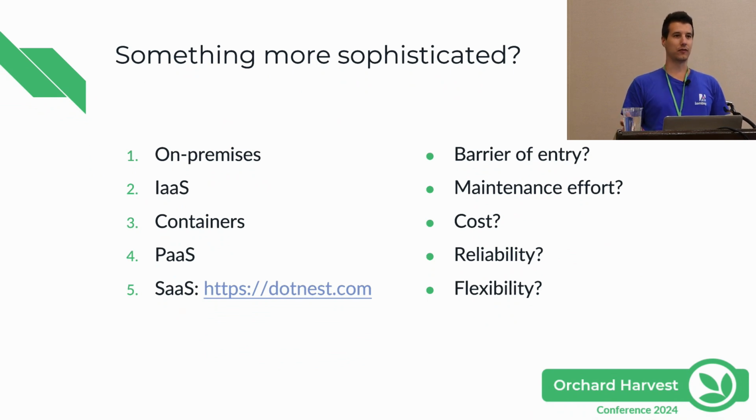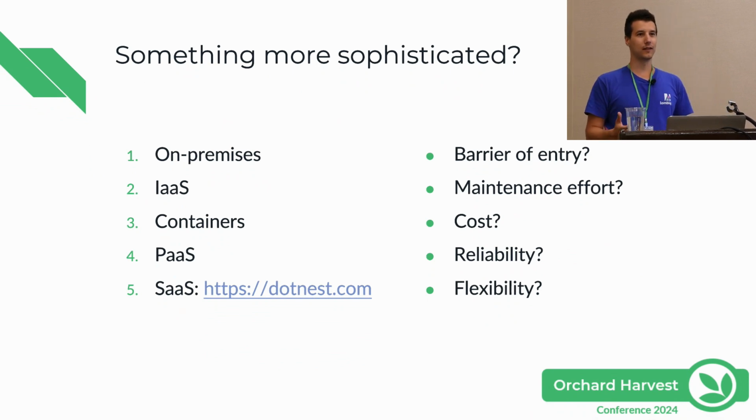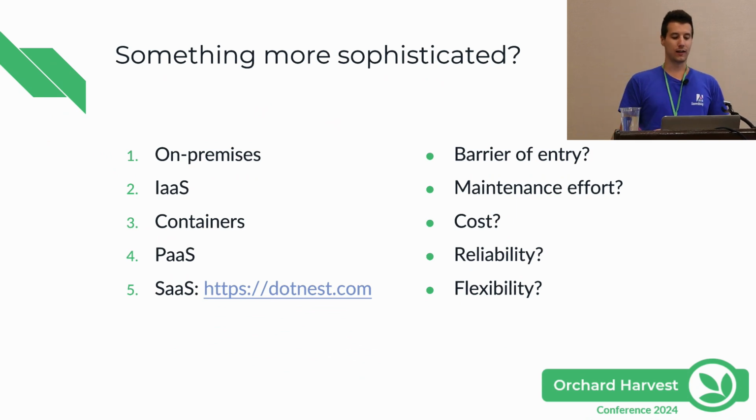And you have also software as a service, so that's where you have the least amount of control. And a really fine example of that is .NET.com. In case you haven't heard, it's a wonderful website where you can host your own application, your own Orchard Core site.